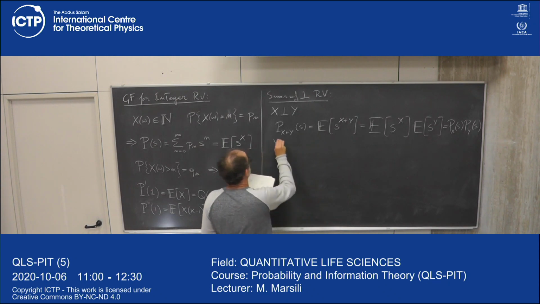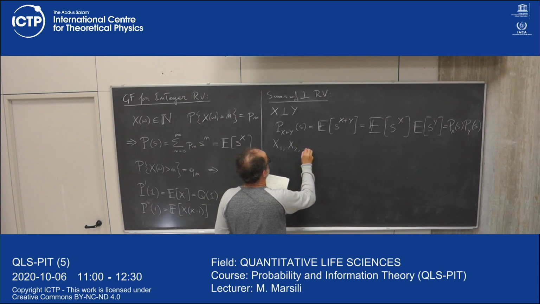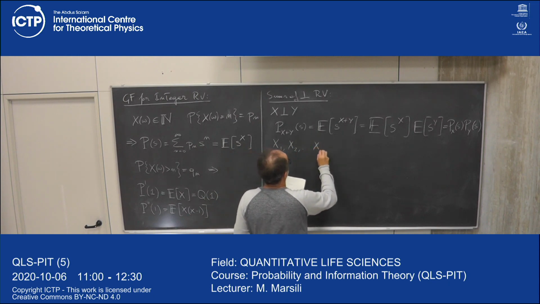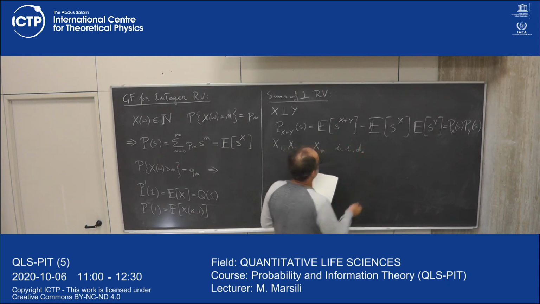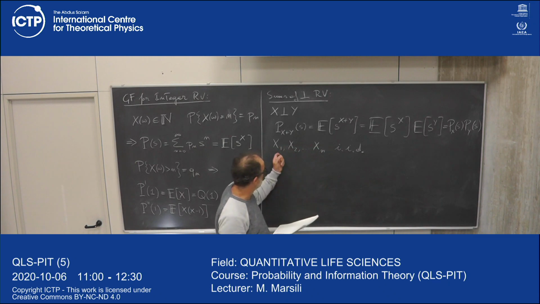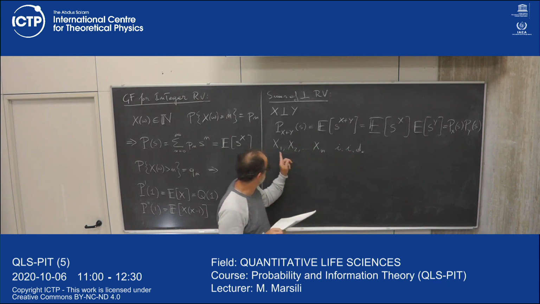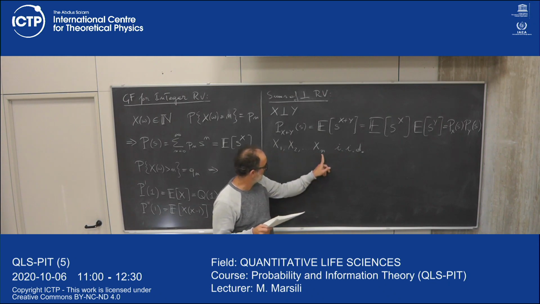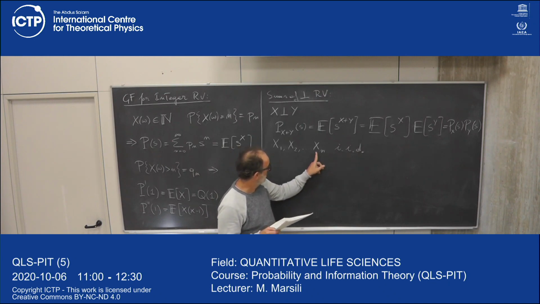And in the particular case where you have a sequence of random variables that are independent and identically distributed, this term IID means that these variables are mutually independent and that their distribution is the same, is identical.